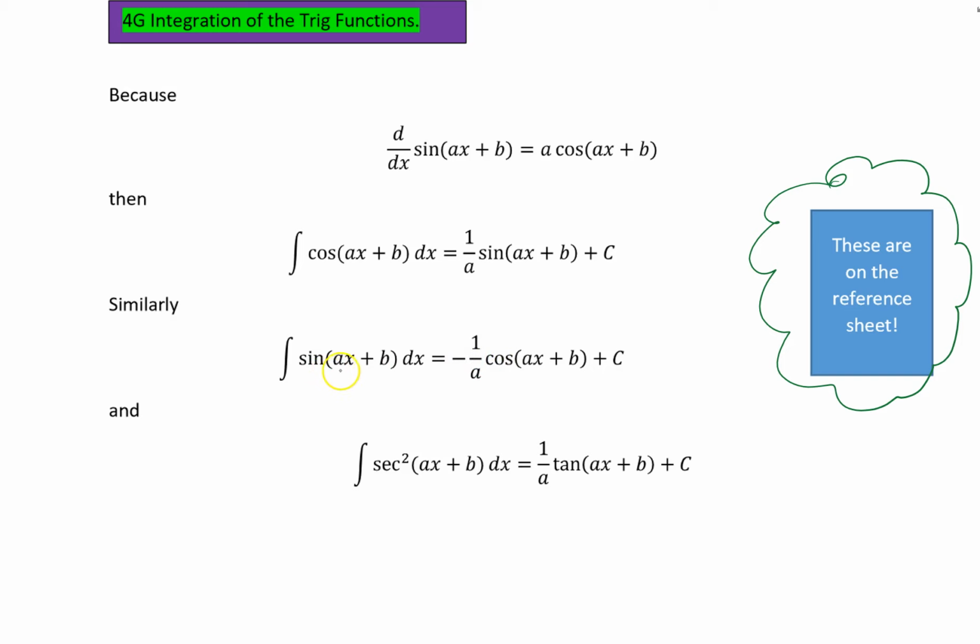And again, taking into account the possibility that there could be a coefficient in front of the x other than 1, you'll need to include the 1 on a plus your constant. And then, of course, the integral of sec squared of a function in x would be, again, the 1 on a tan of the function in x plus the constant.